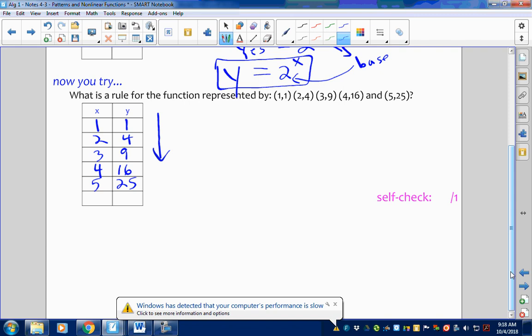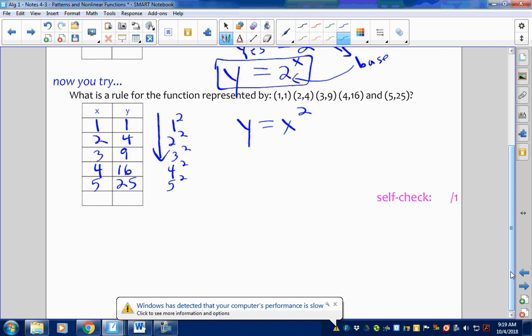See it? We got 1 squared, 2 squared, 3 squared, 4 squared, 5 squared. What's staying the same? The squared. What's changing? What's the variable? The base, the number. So this is y equals x squared. Okay, y equals x squared.